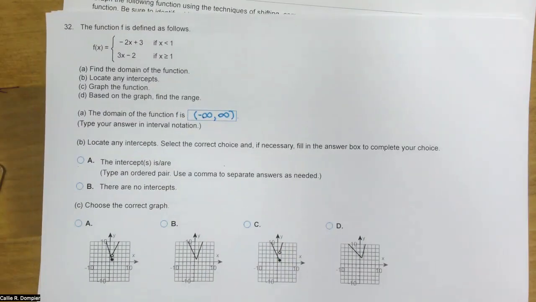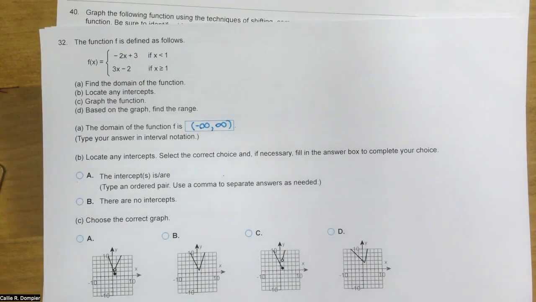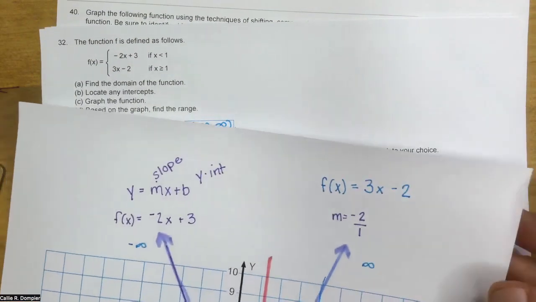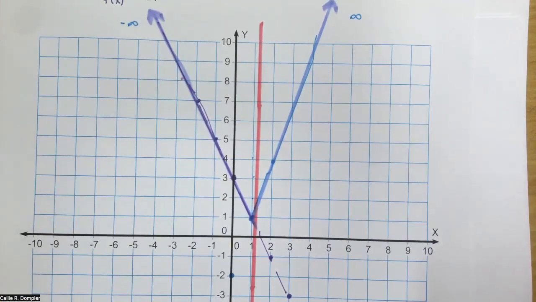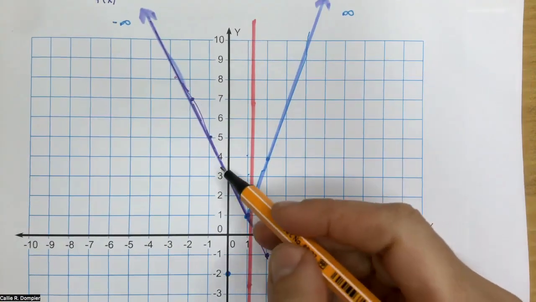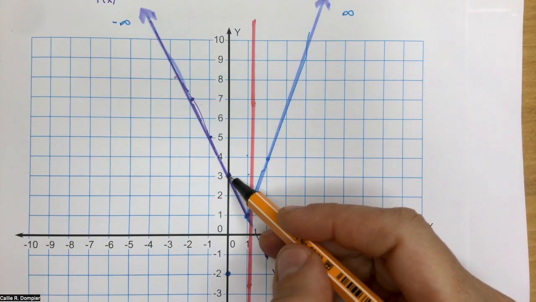And locate any intercepts. You see any intercepts? I see the intercept of 0, 3.